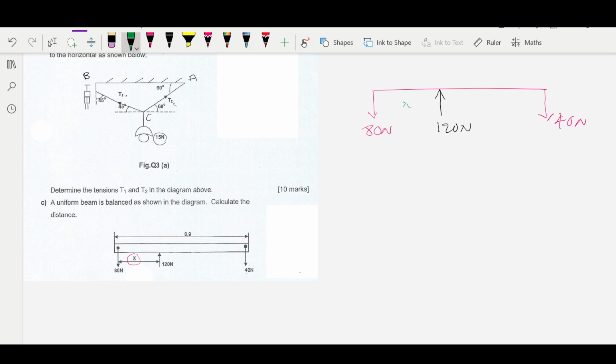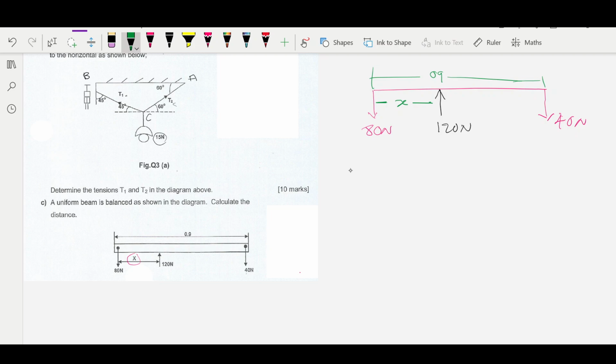So here we have x, and then we have 0.9 as the whole span there.